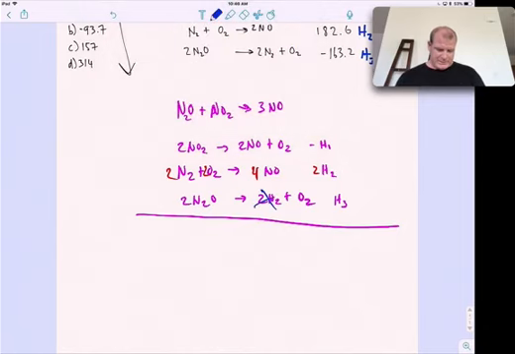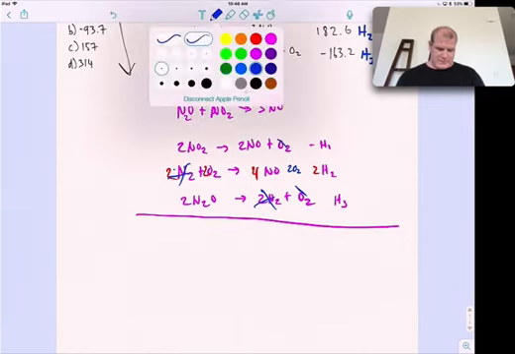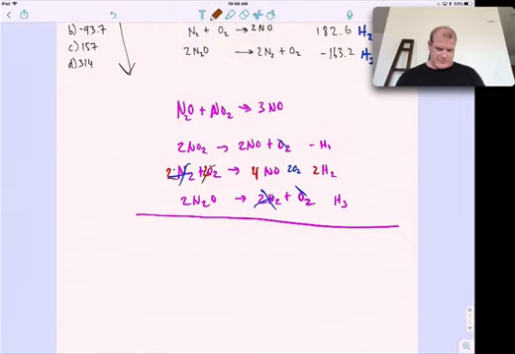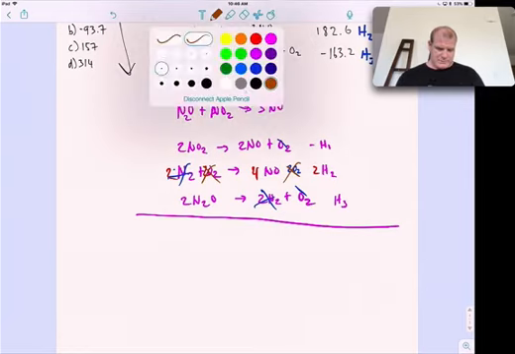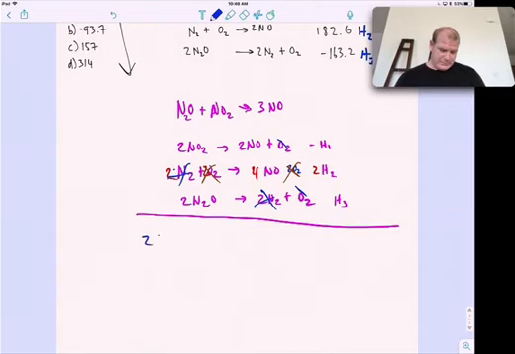So we get rid of these two NOs, and then this gets two O2s here, and then we can cancel these O2s, and we are left with 2NO2 plus 2N2O yields, so 2 plus 4 is 6NO, and this is minus H1 plus 2H2 plus H3.